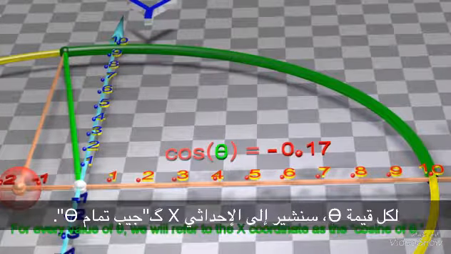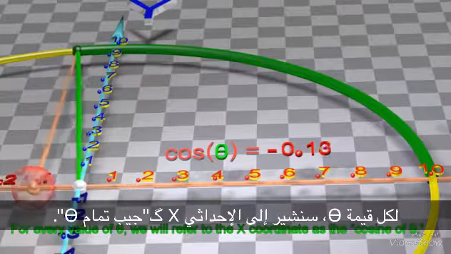For every value of theta, we will refer to the x-coordinate as the cosine of theta.